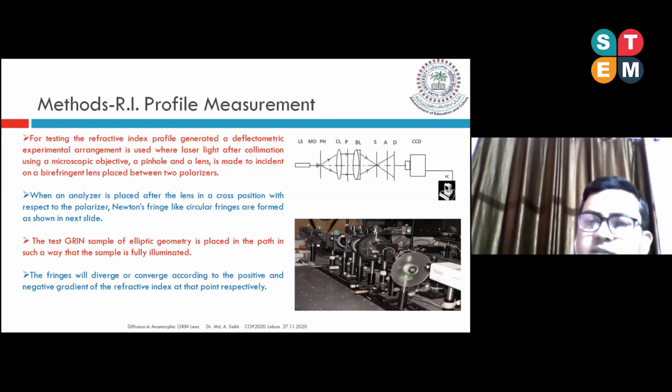A birefringent lens is a lens which, by means of its property, can create two laterally shifted point sources. When these two point sources interfere with each other, an interference fringe pattern is developed, and we can have circular fringes. And this is the actual setup, in this figure, where our sample is placed over here, this part.